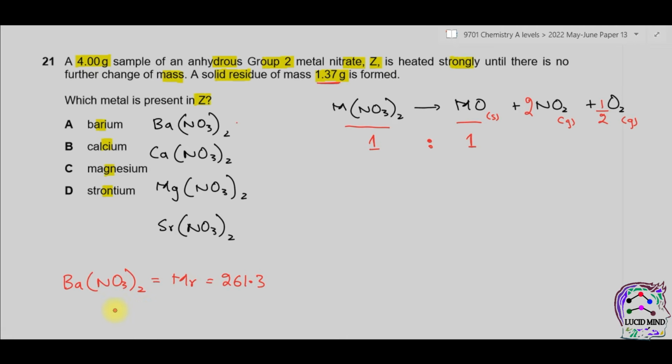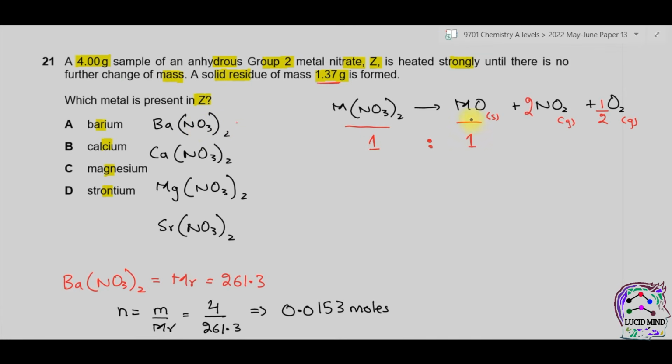Number of moles is mass in grams divided by Mr. Mass in grams is 4 divided by 261.3. So number of moles is 0.0153. As the ratio is 1:1, the number of moles should be the same. If it is the same, then this is the correct answer. If it is different, then it is wrong.